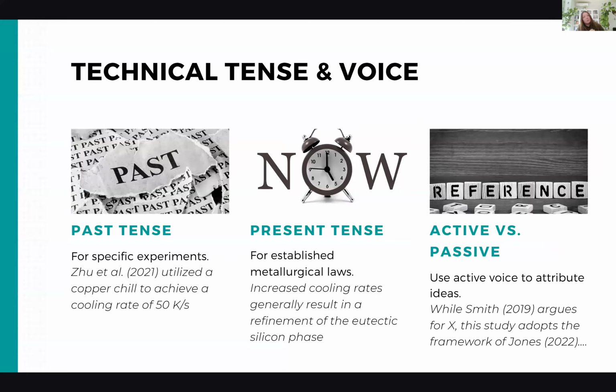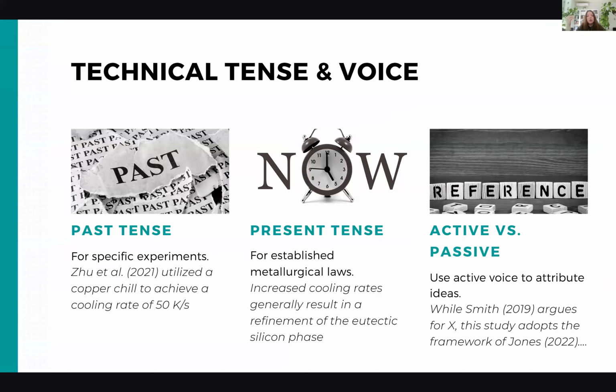If you describe specific experiments or specific results of the researcher's findings, you can use past tense. So Zhu et al. utilized a copper chill to achieve a cooling rate of 50 Kelvin per second. So utilized, that's your past tense.